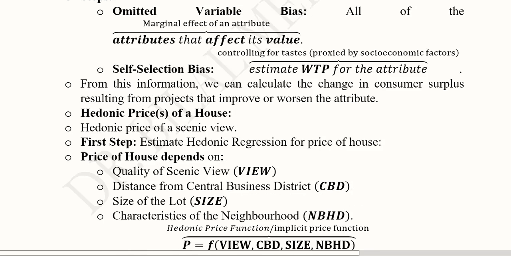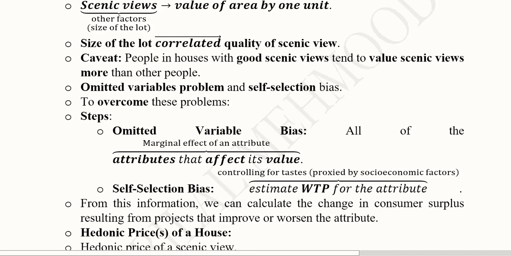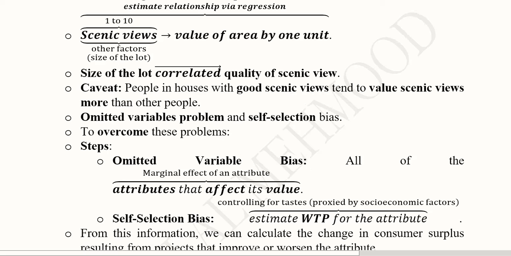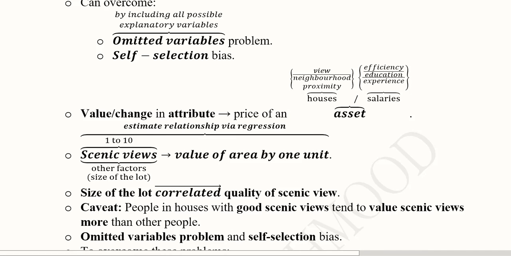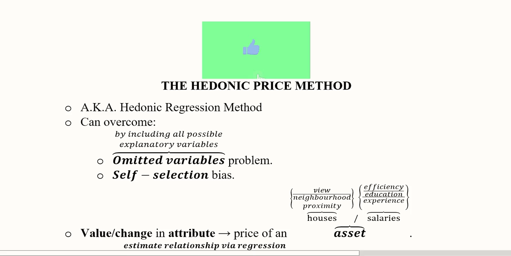This is the development of the function. These are the two problems that we face in the hedonic pricing method: omitted variable bias and self-selection bias. And this is the pricing method which is known as the hedonic pricing method.